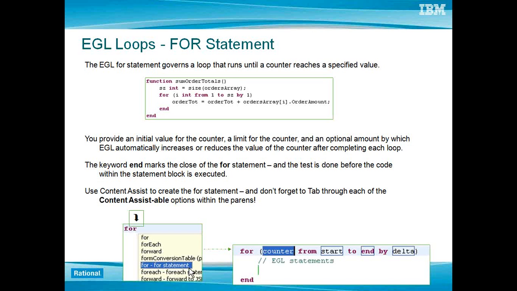By 1 means how you want to increment the values of this iteration variable, how you want to iterate through your for loop.